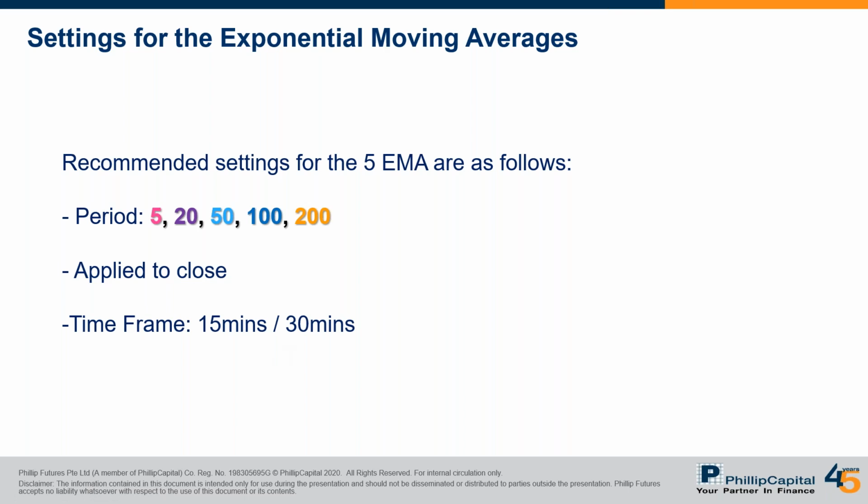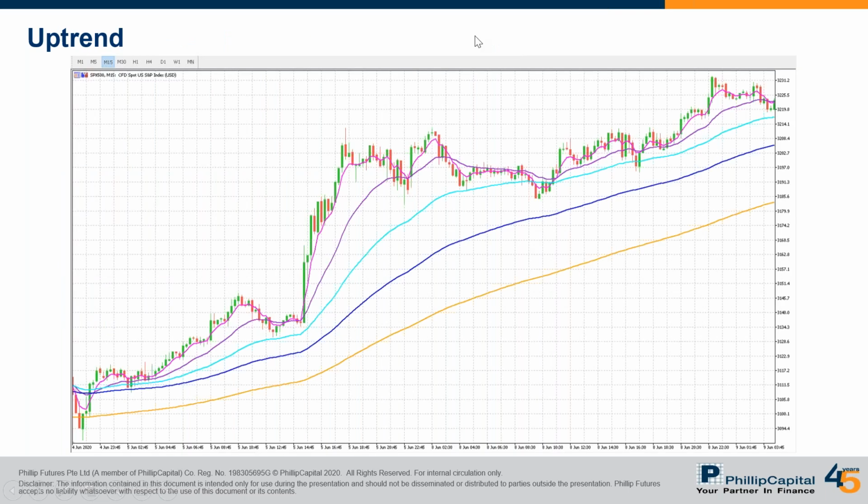All right. So how do we define an uptrend? In this case, you can see that the pink one is the 5, the second line is the 20, the light blue is 50, and the dark blue is 100.